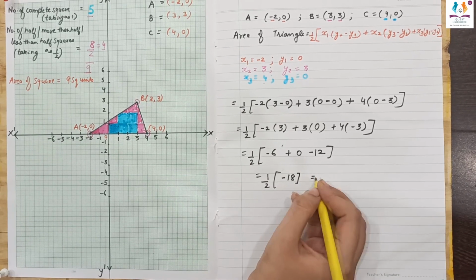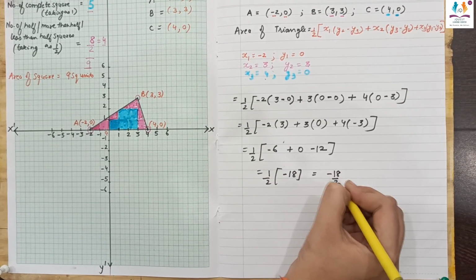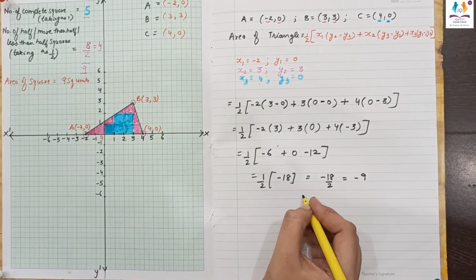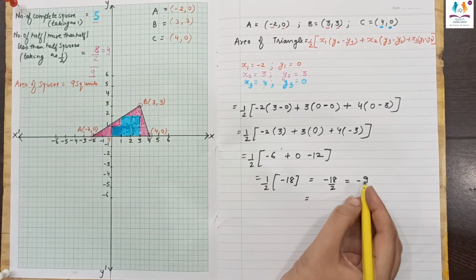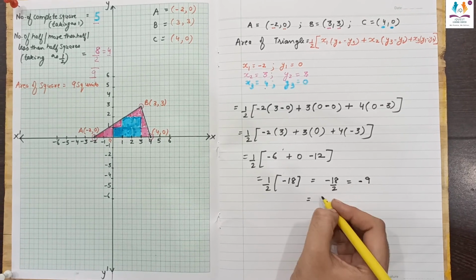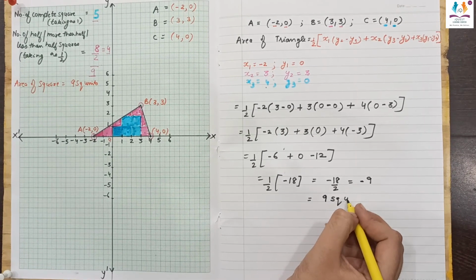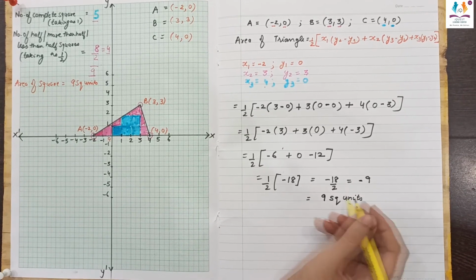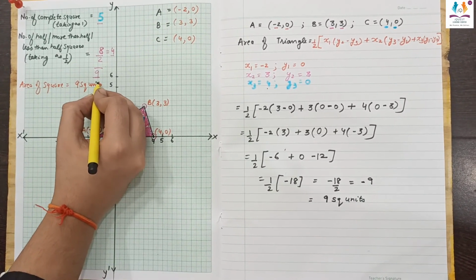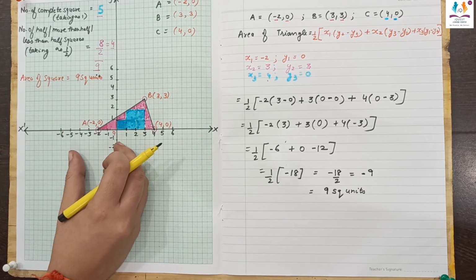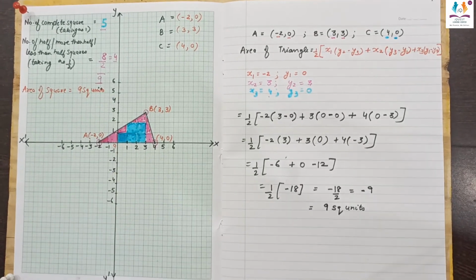So minus 18 by 2, which is equal to minus 9. So we all know that area of triangle is always positive. So our area of triangle comes out to be 9 square units, which is definitely equal to the value of area of triangle achieved by graphical method.